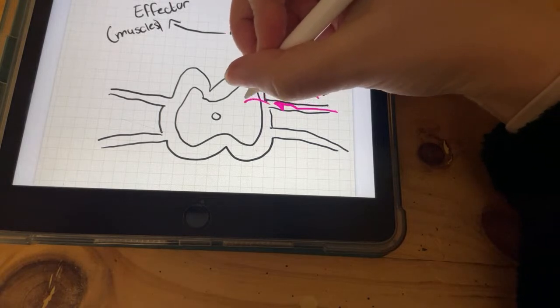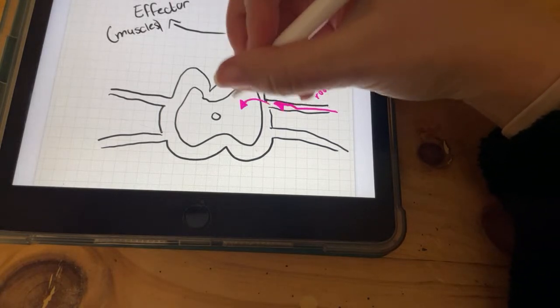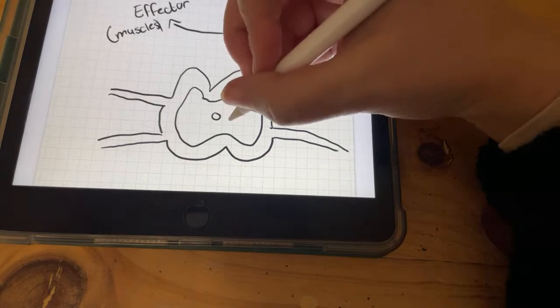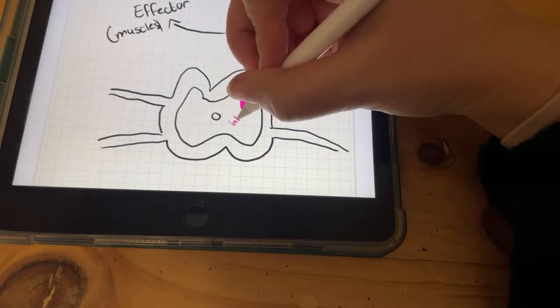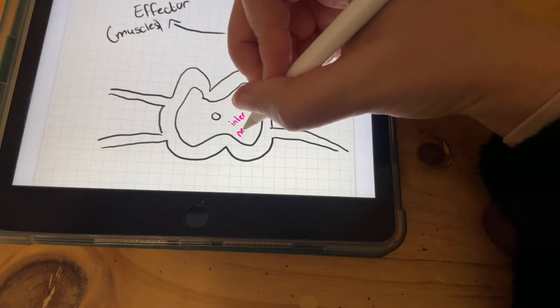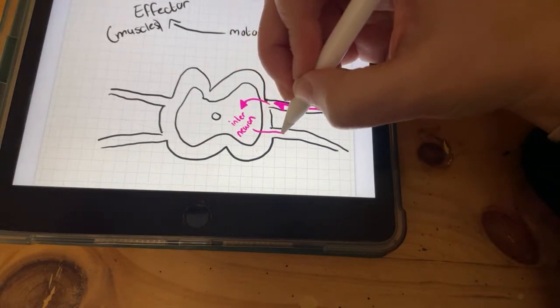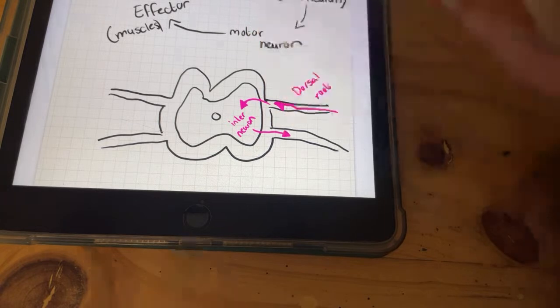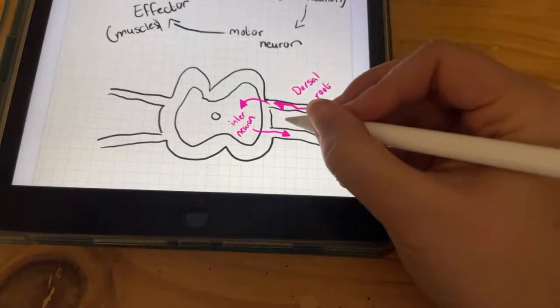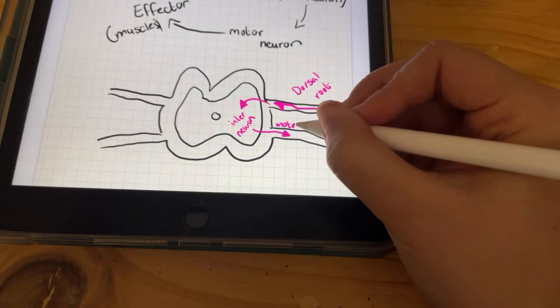It now goes into the spinal cord, and this is where the interneuron is. A decision is made and sent down via, remember, a motor neuron.